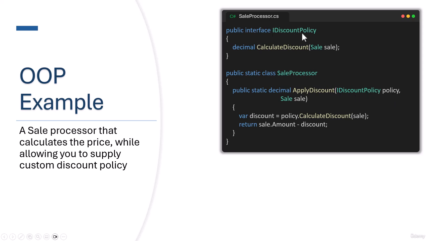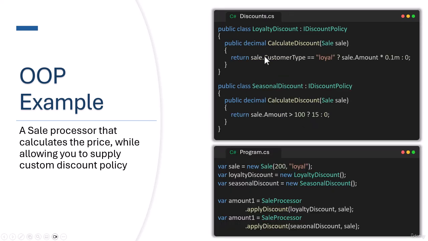Since iDiscountPolicy is an interface, it means that there are different implementations and they all have in common the calculate discount method. So the sales processor accepts the discount policy and the sale, and it calculates the discount and returns the amount with the discount deducted.